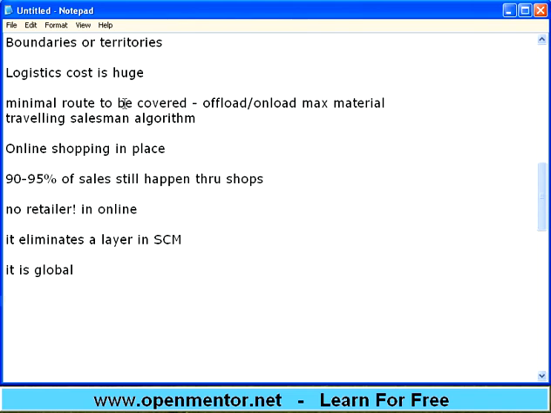From order booking to tracking, all happens via the net. So this internet online shopping has given a different flavor to supply chain management.